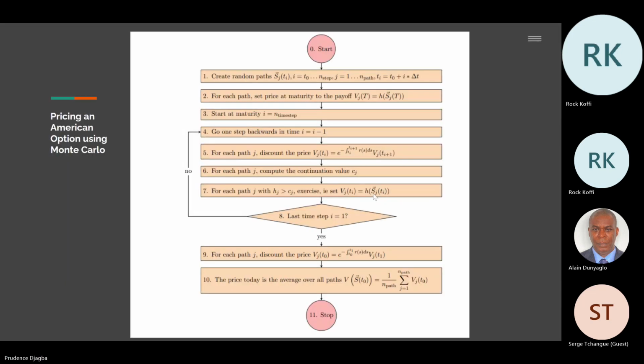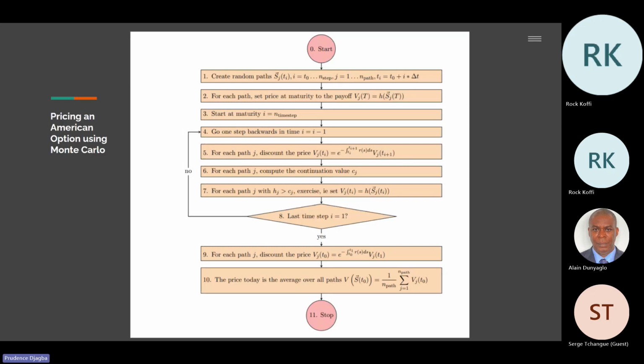So the price of an American option is just the fair value, the expectation of the discounted payoff. In the case of a European option, we just take the expectation of the discounted payoff at maturity.